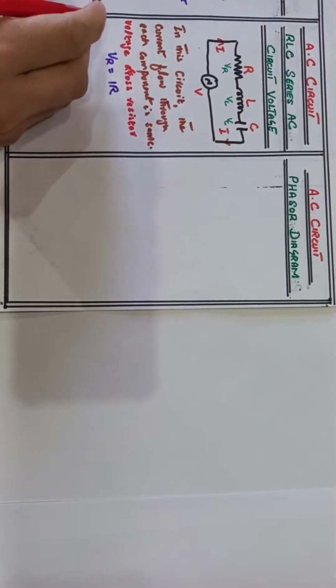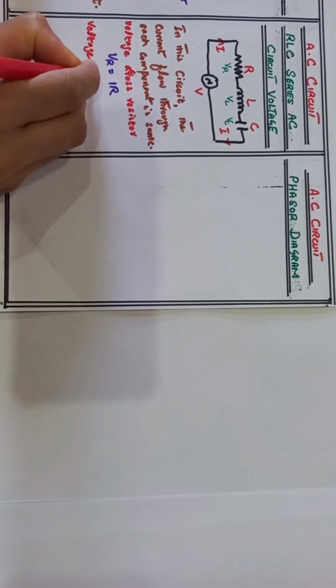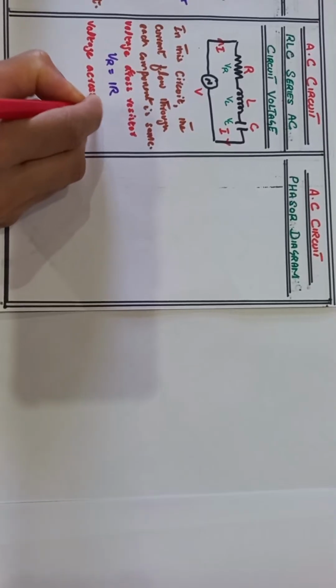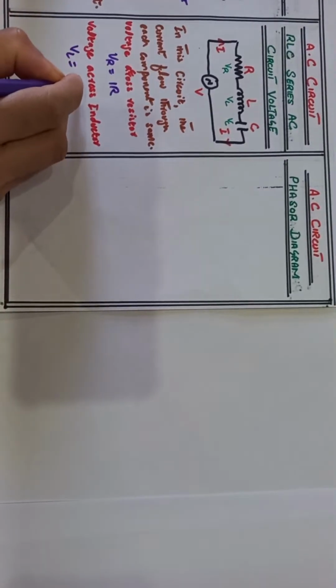Then the voltage across the inductor is represented by VL, and VL is equal to I XL. In the inductor, we show the resistance by inductive reactance, XL, which is equal to omega L, so VL is equal to I omega L.